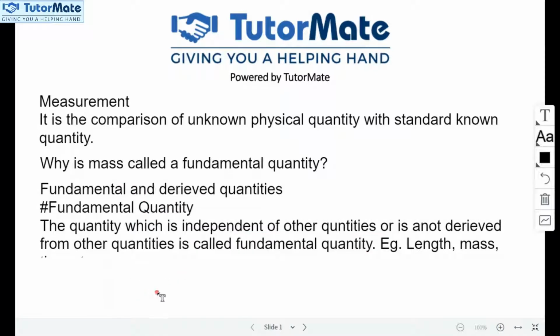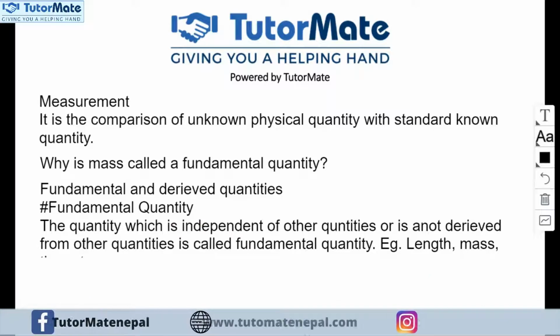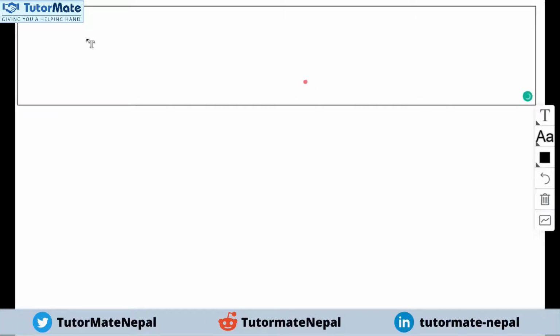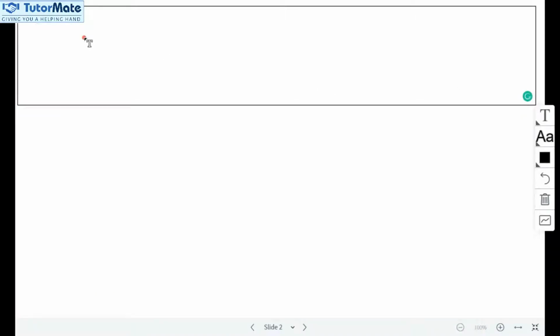Now let us go to the next slide. Let us write about derived quantities.